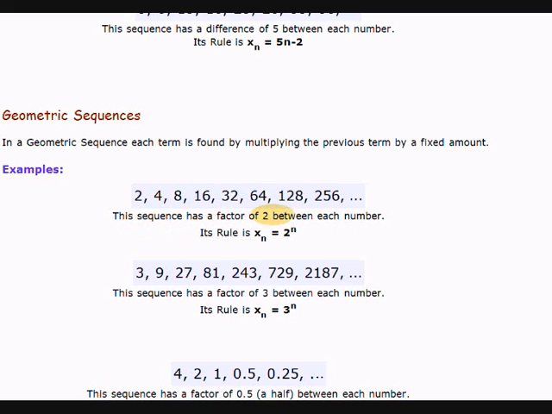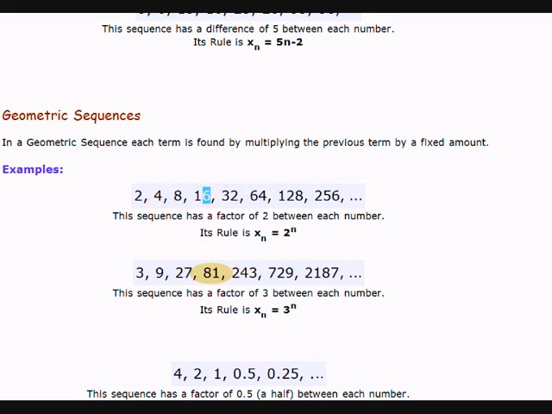This sequence has a factor of 2 between each number. The rule is 2 to the power n. Like for example, you have to multiply the previous number by 2. You multiply this number by 2, you get here. This number by 2 gets this number.